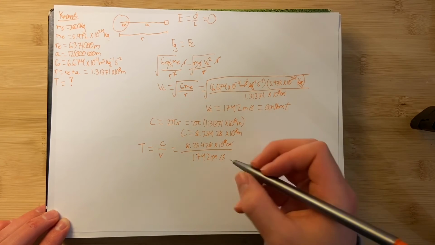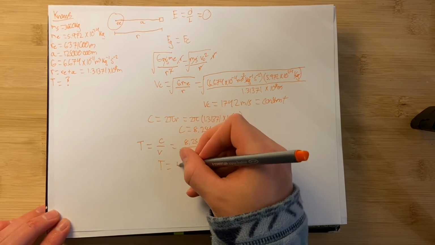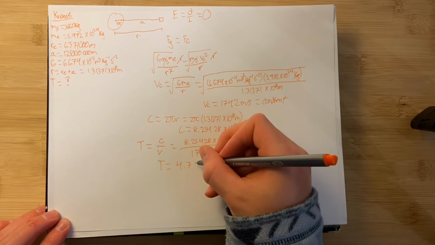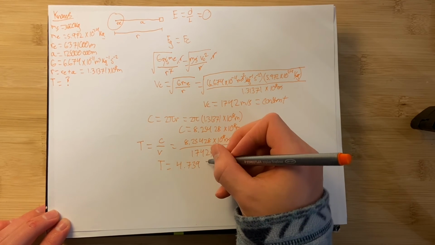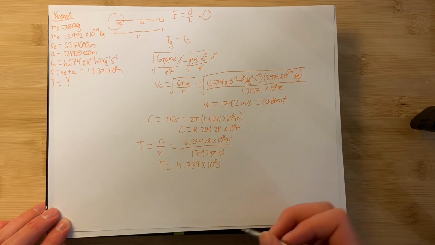Meters reduce meters. Our period is going to be equal to 4.739 times 10 to the 5 seconds.